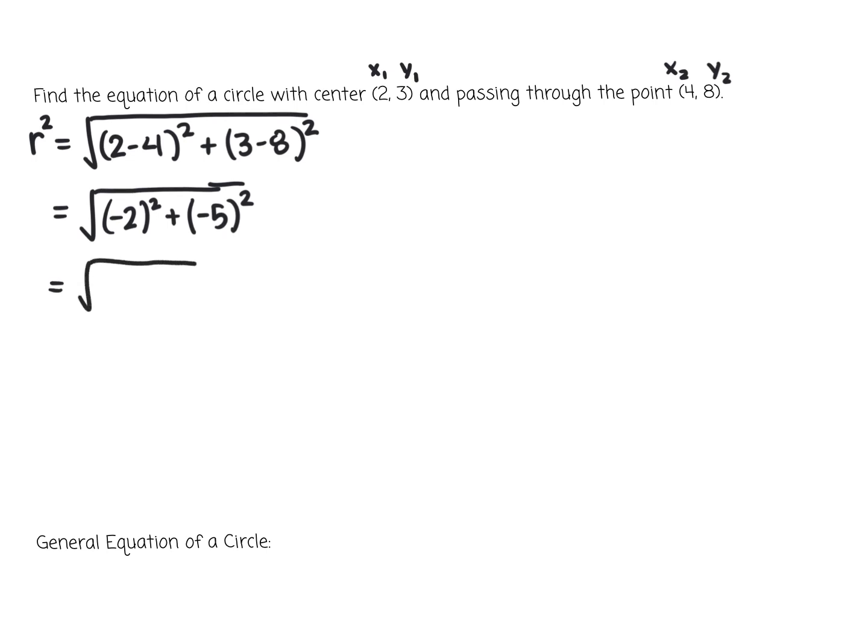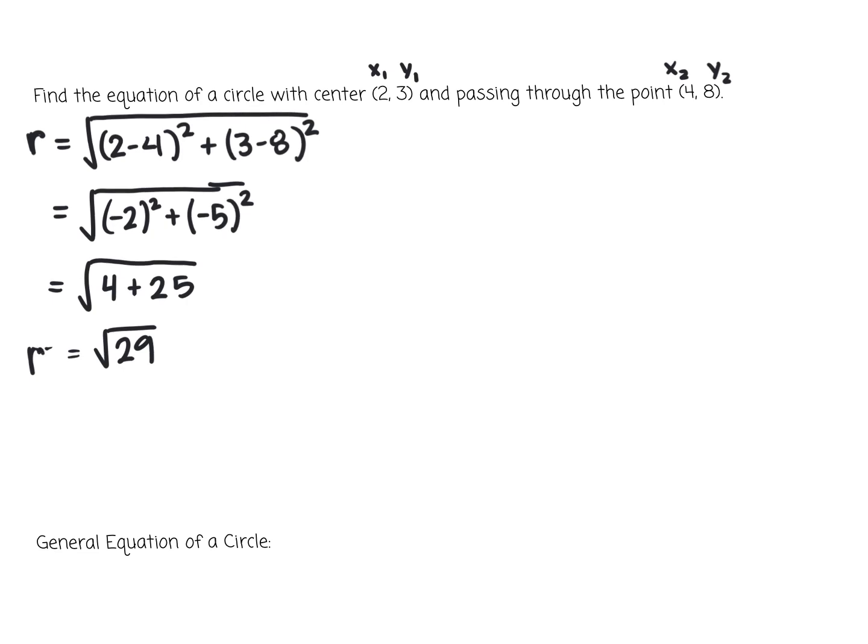So I get that negative 2 squared is 4, negative 5 squared is positive 25. So I get the square root of 29. Sorry, I realized it should be r equals, not r squared equals. R equals the square root of 29. That's my fault.